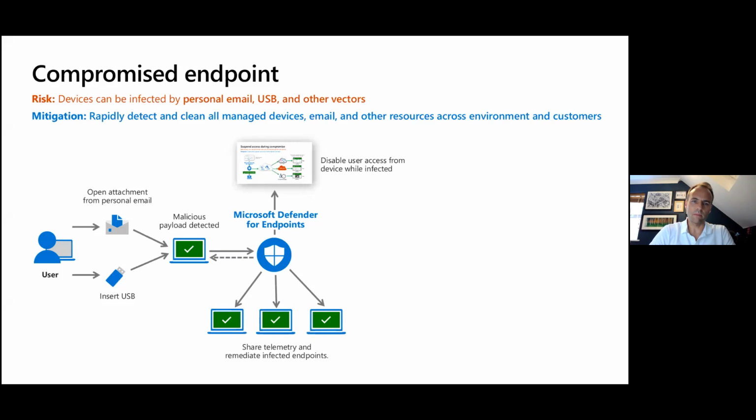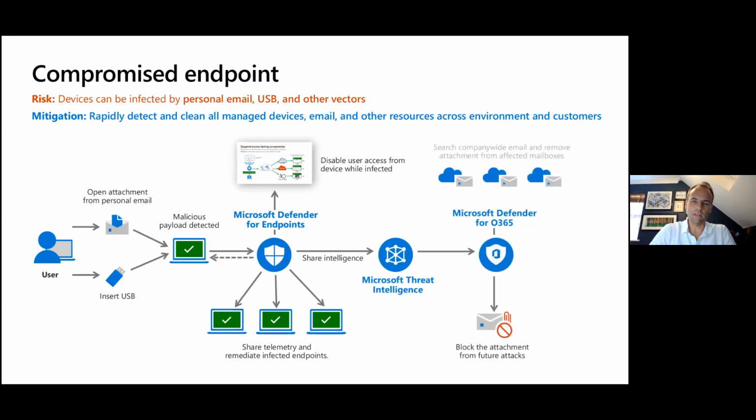But then once Defender for Endpoint hopefully remediates that, using either the automatic remediation capabilities, or a human approves the remediation event, or gets rid of the malware on that infected device, it will then clear the alerts, open access up again, and share that signal with Microsoft Threat Intelligence, which will then look to the other services in the stack, things like Microsoft Defender for Office 365.